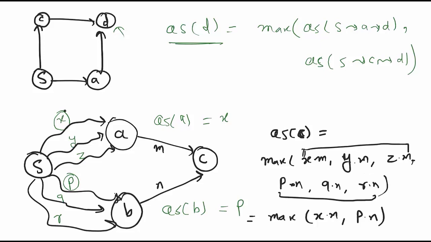Why? Because X is already the winner here, and M is just a multiplier. Similarly, P is already the winner here, and N is just a multiplier, so P into N will win, right? So instead of finding the quality score of all the paths, I just need to find the quality score of these two paths, right?